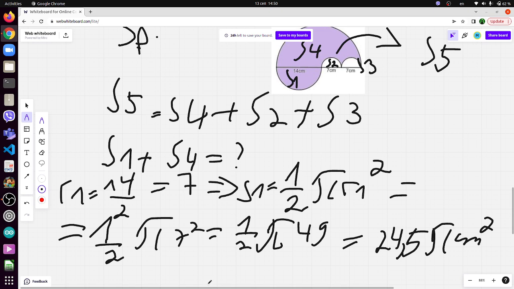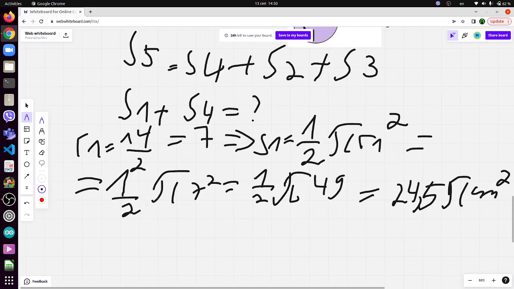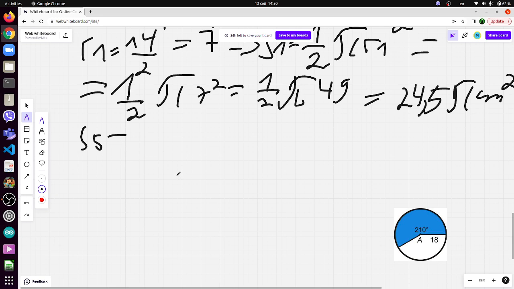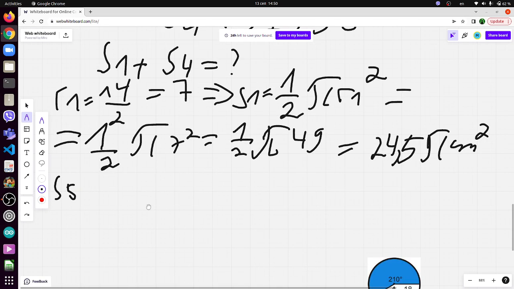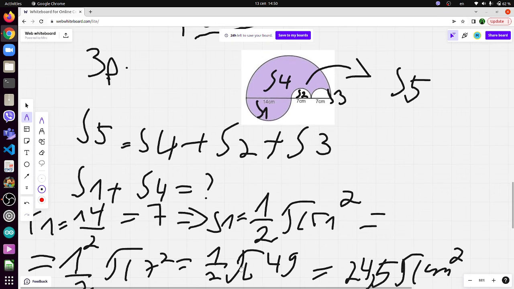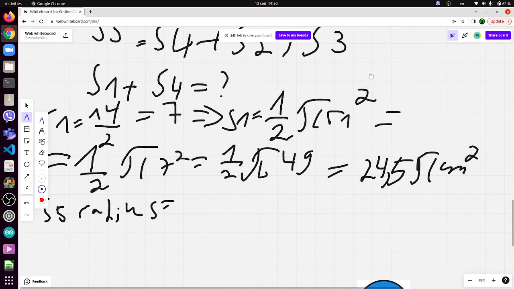So we know S1, and we need to calculate S4, but we know that S5 is again a half circle. What is the S5 radius? That is 14 plus 7 plus 7, which is 28, divided by 2 is 14, so the radius is 14.